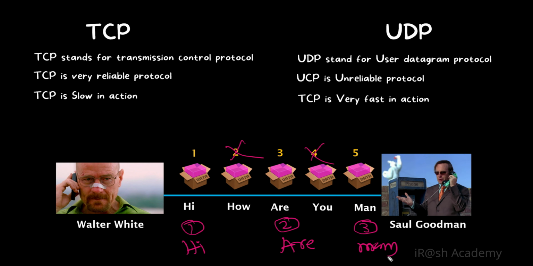Now, same like TCP, if you are resending packets number 2 and 4 again, what will happen? Saul Goodman receives packet number 2 as the 4th packet, which is how. Then he will receive the 4th packet as packet number 5 at his end, that is you. Now when he reads this message, it is hi, are, man, how, you.